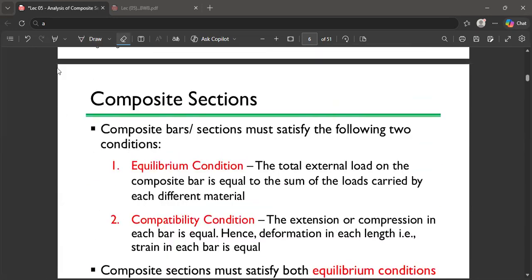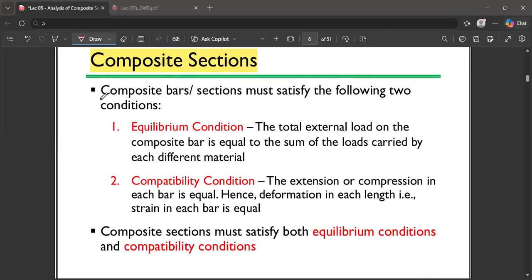Okay, good. Let's look at composite sections. Composite bars or sections must satisfy the following two conditions. The first one we should always consider is the equilibrium condition. And the second one we are also supposed to know about is the compatibility condition.